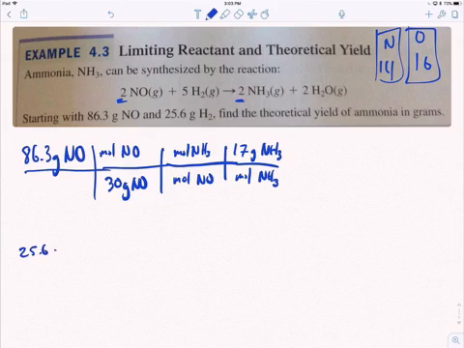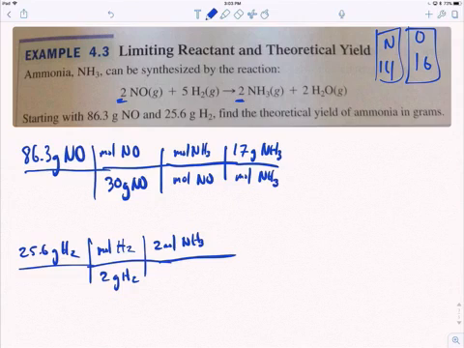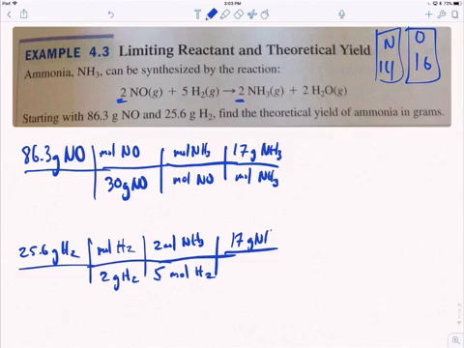So 25.6 grams of hydrogen. Mole hydrogen, 2 grams hydrogen. And there are 2 moles ammonia to 5 moles hydrogen, and there's 17 grams ammonia to mole ammonia.